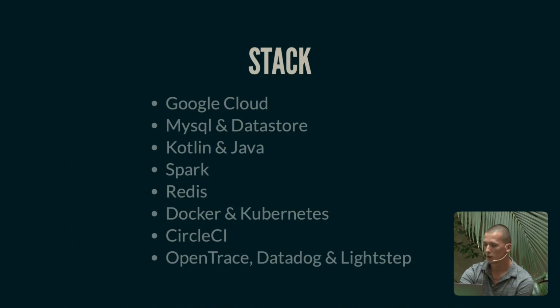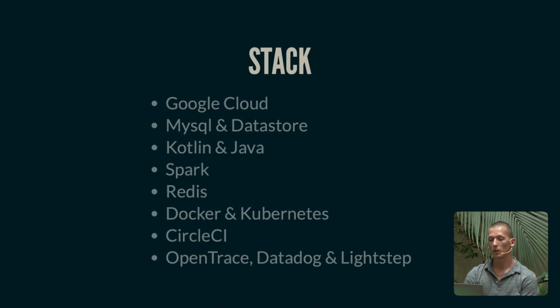So since we are in Gmail, our stack is very related to Google. So we host our application, or our backend, on the Google Cloud. We use MySQL and Datastore as the two databases. Actually, we do an ongoing migration, so Datastore is more used, but I will talk about that later because it causes some problems. Our backend code is mainly Java, but we started to write some Kotlin as well.